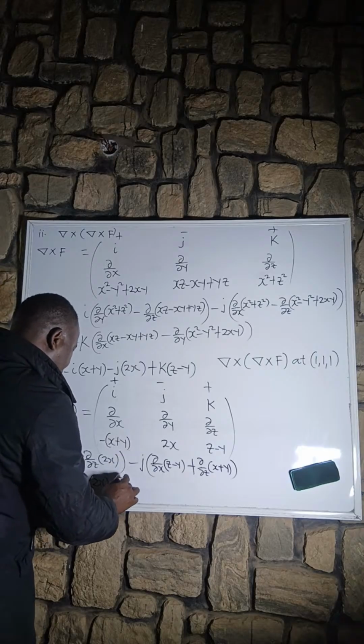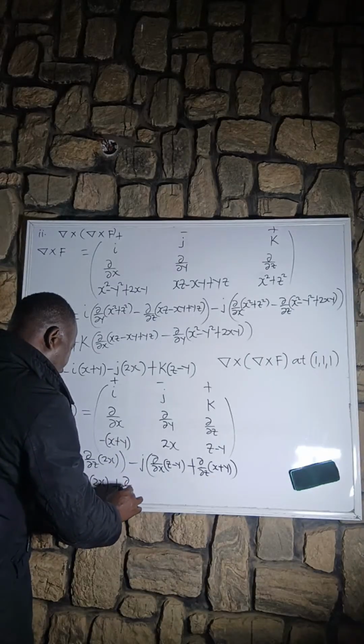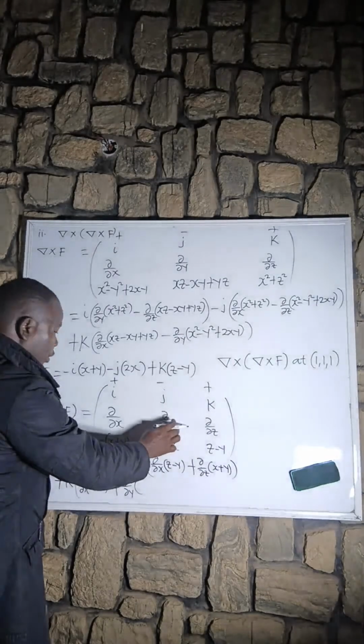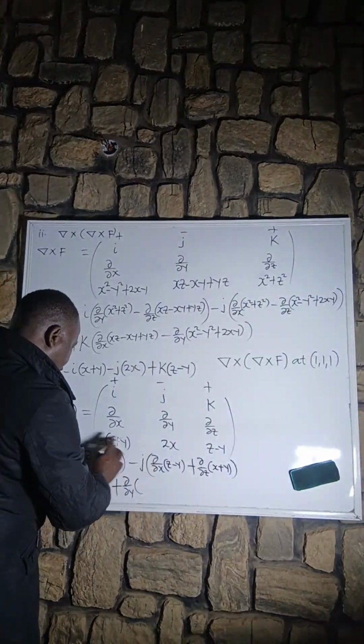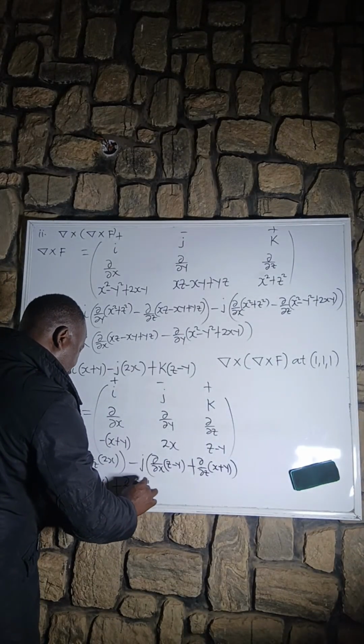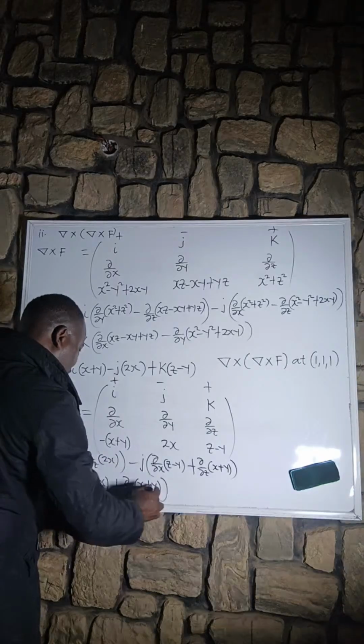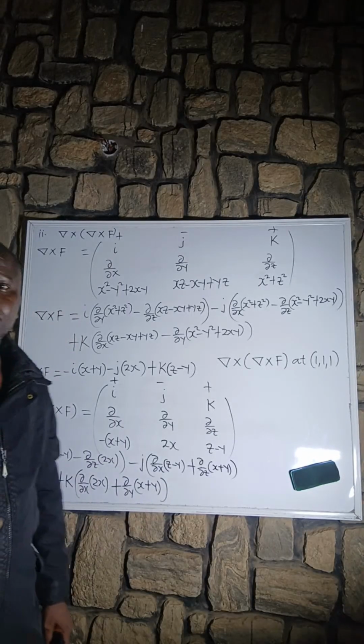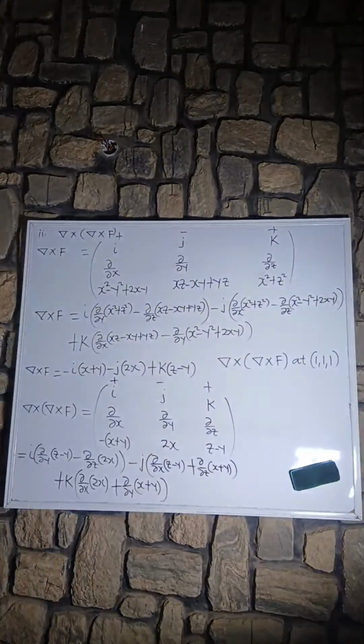Then partial all over partial y, open bracket x plus y, then close the bracket. Do you understand? Are you following? So we can continue, right? It's okay. So far so good.